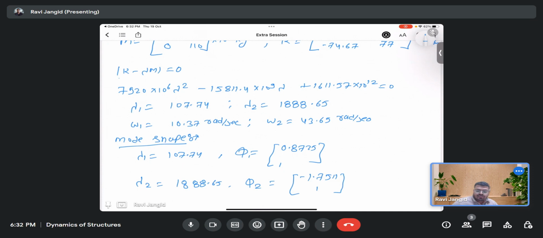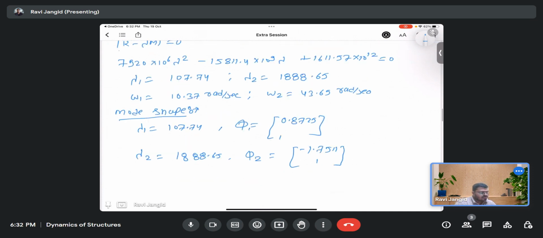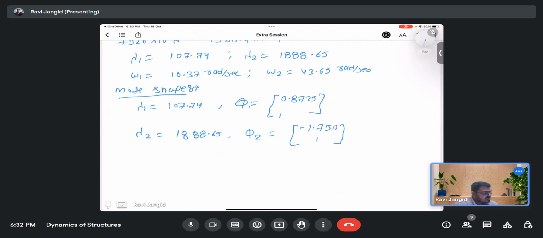So for part B, to find the peak drift, we need to find out the peak column drift due to seismic excitation.